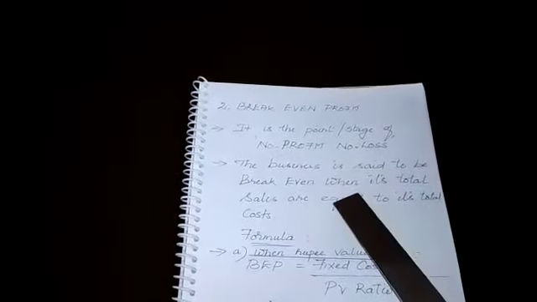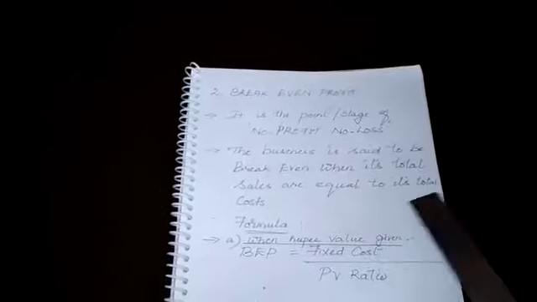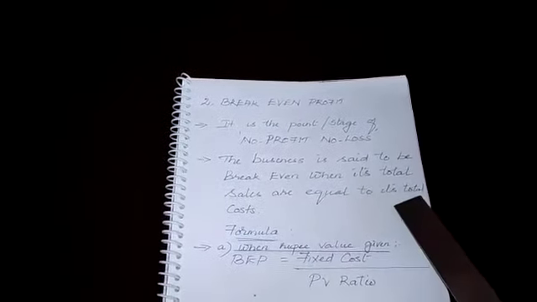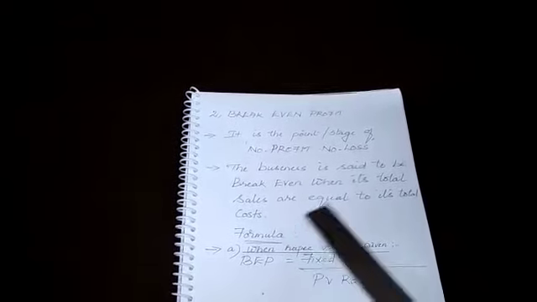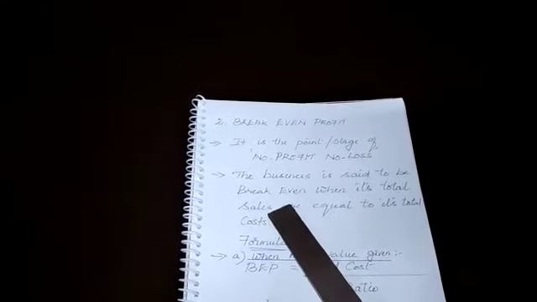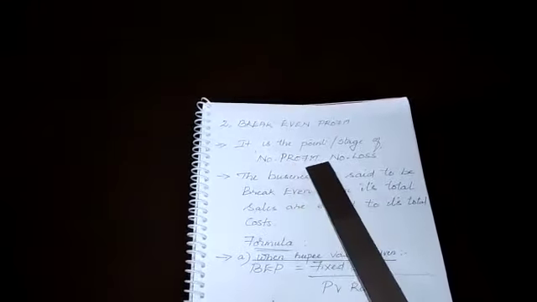In this stage the business is said to be break even when its total sales are equal to its total cost. Expenses or cost will be equal to what? It will be equal to sales. After producing, the products are not going to be preserved and kept in a warehouse, they'll be selling in the market. So whatever expenses were incurred to produce it, the same amount is obtained after selling, then that stage is called no profit no loss stage. It is otherwise called as break even sales.